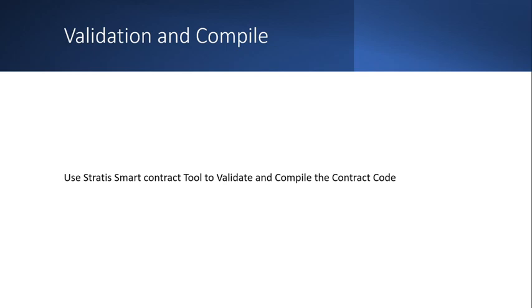Stratis smart contract tool is a command line tool to validate and compile the smart contract code. You can do the validation and compilation as usual like a .NET Core smart contract program. So there are no differences between the .NET Core and the .NET 6 smart contract compilation. Compilations are all the same.